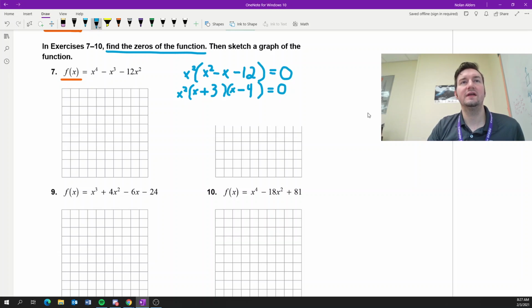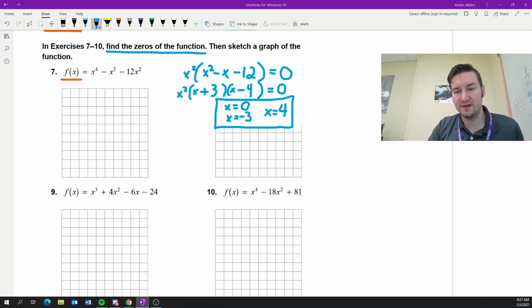If we set x squared equal to 0, short version is x equals 0. If you set x plus 3 equal to 0, you'll get x equals negative 3. And if you set x minus 4 equal to 0, you'll get x equals 4. So these are your 3 zeros for this function.